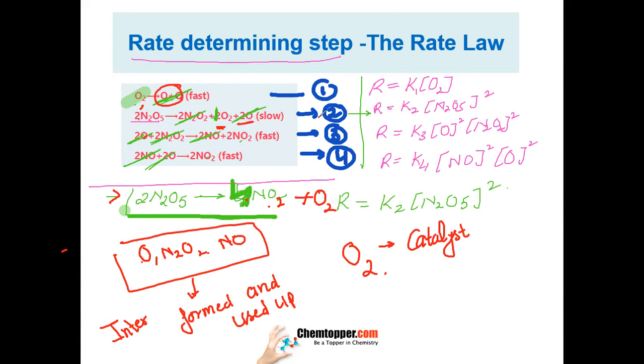O is formed in step 2 also and used up in step 4. So they are intermediates. What about O2? Is it formed first? No, it is added. So what is a catalyst? It is added first. You're adding it and then used up.